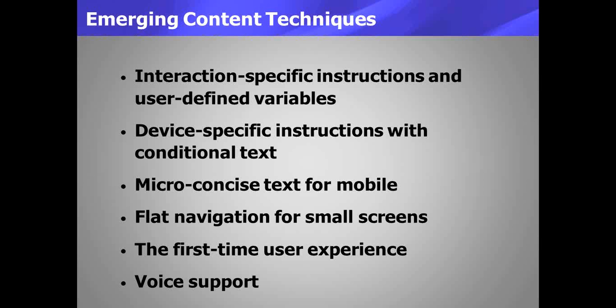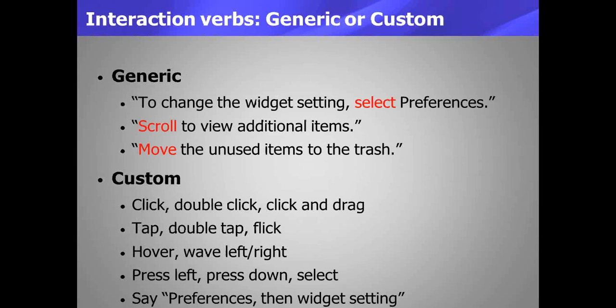Now, with respect to adaptive content, there are certain things that I've embraced over the past couple of years, and I'll share those with you, and we'll go through the items on this bullet list. First of all is the idea of thinking about your language in terms of interaction types.